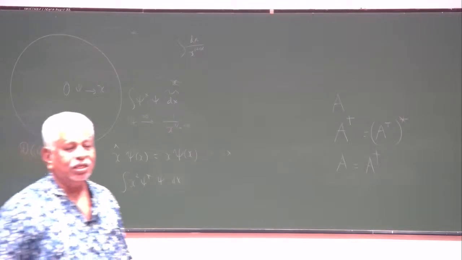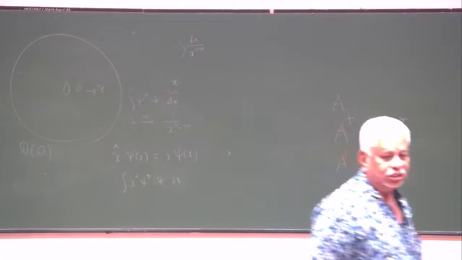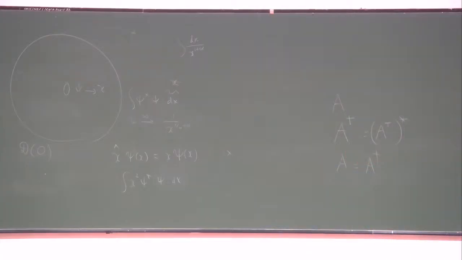So why are we interested in Hermitian or self-adjoint operators or matrices? The eigenvalues of a self-adjoint or Hermitian matrix are always real. They cannot be complex. All operators which are self-adjoint or Hermitian have real eigenvalues.